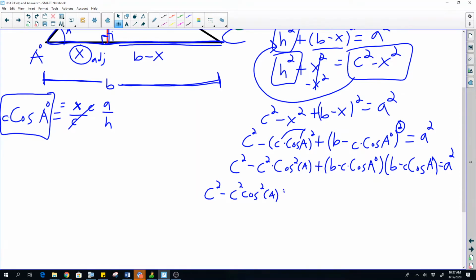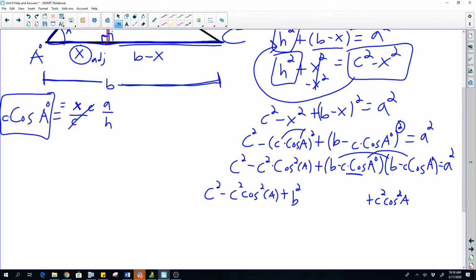And then here goes, plus, so we go b times b is, there's our b squared, good. Then first times first is first, last times last is last. So then we're going to multiply the last part there, which is negative c cosine A times negative c cosine A. So that's going to be a positive c squared cosine squared A, because we distribute it through, right?